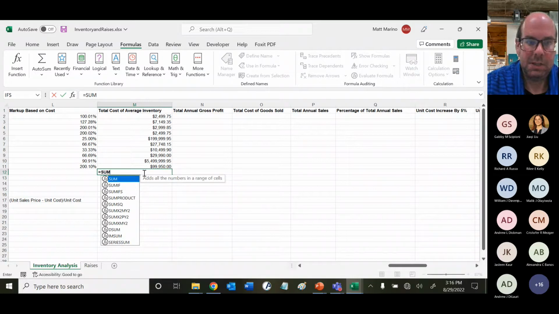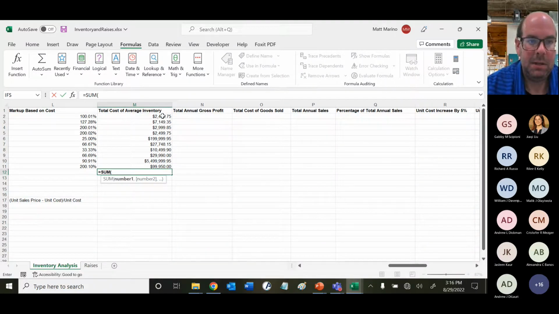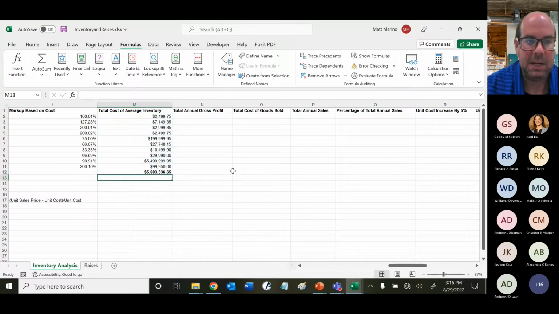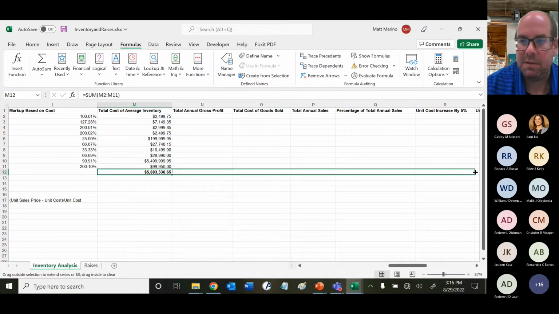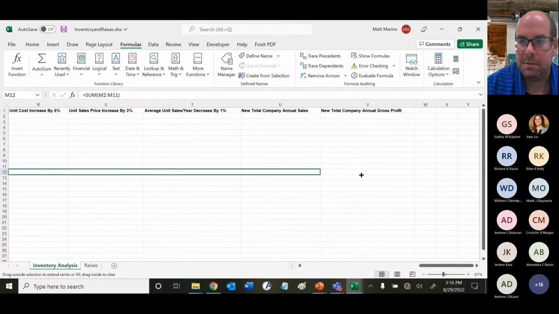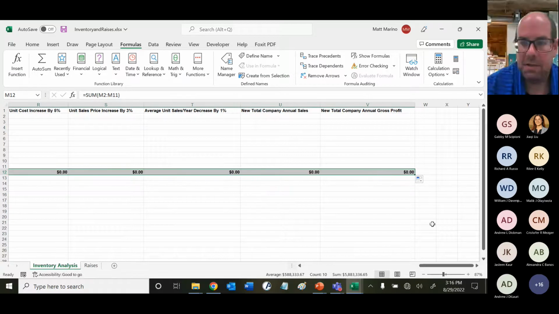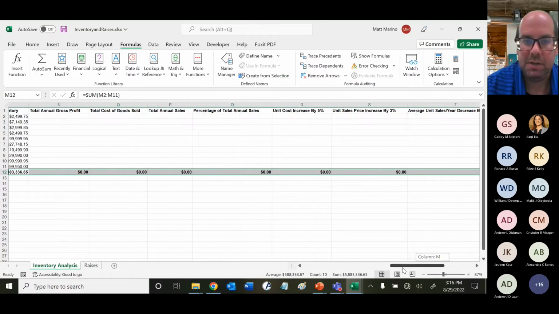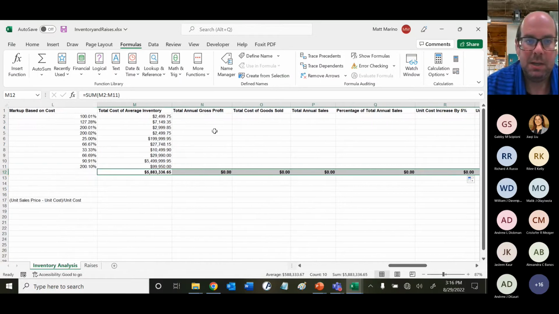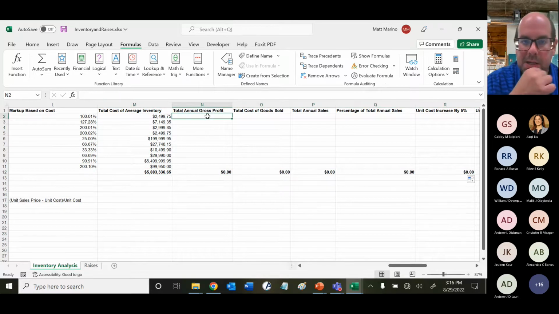So we do equals sum, parenthesis, highlight our range, M2, M11, close parentheses, and hit enter. And then drag this across through V12. So we have our total now for each of those columns. Again, it'll say 0 because we have nothing in this so far.